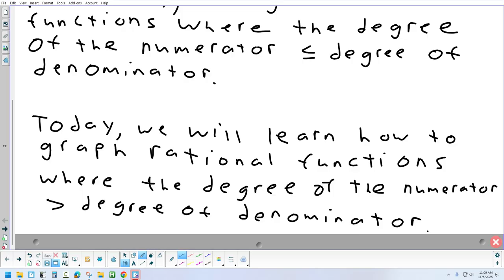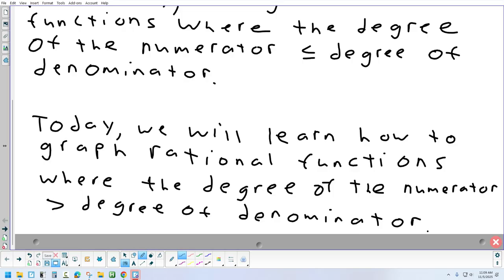I like the word fun. But they are replaced by something else. Vertical asymptotes, those are exactly the same. Nothing happens with those. You're still going to find the zeros of the denominator. But when the degree of the numerator is greater than the degree of the denominator, you will not have horizontal asymptotes. You can still have vertical.